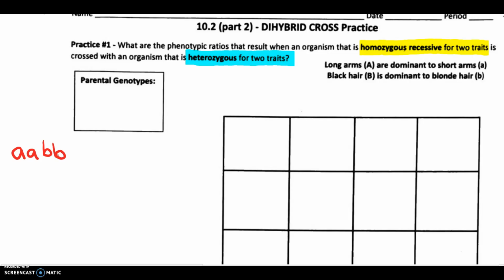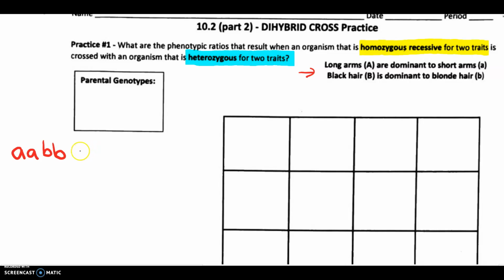Now, I'm getting those genes from this key right here, which tells me that capital A is long arms, lowercase a is short arms, capital B is black hair, and lowercase b is blonde hair. Okay, so the first genotype for the first parent is little a, little b.